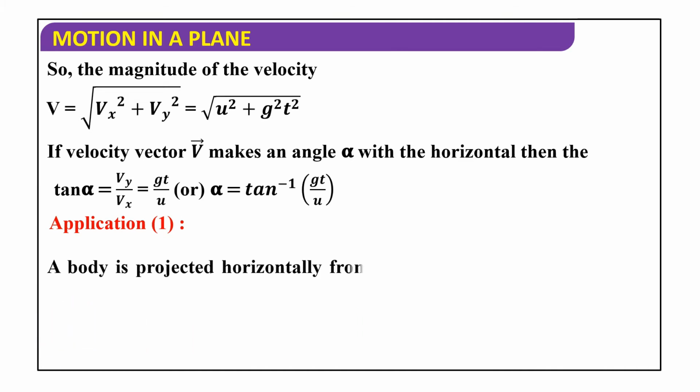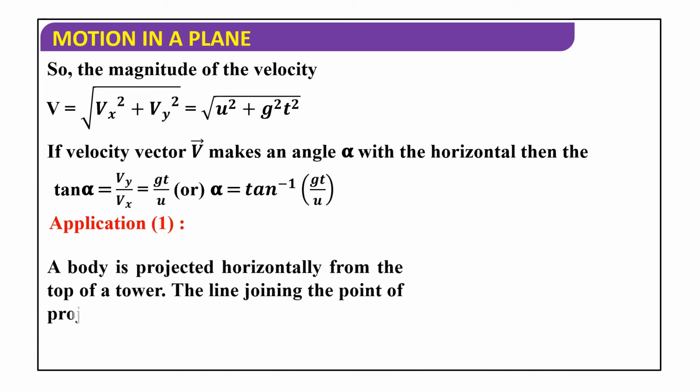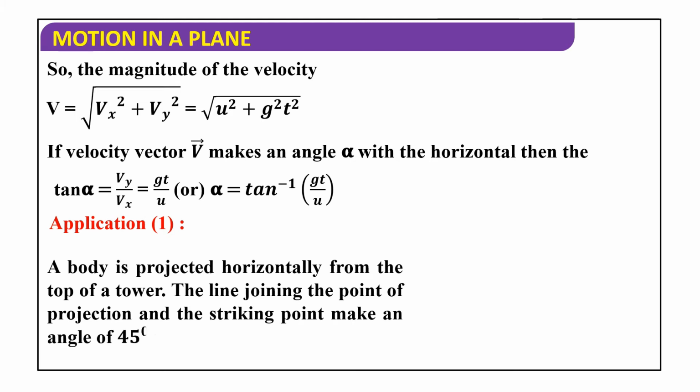A body is projected horizontally from the top of a tower. The line joining the point of projection and the striking point makes an angle of 45 degrees with the ground. Then h is equal to r.